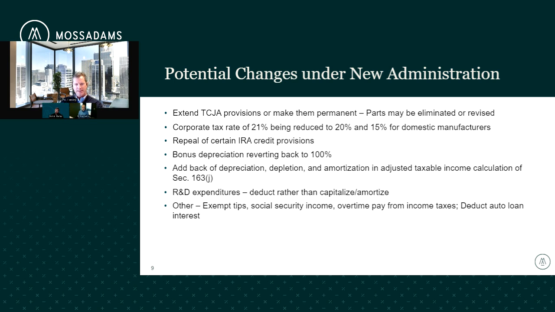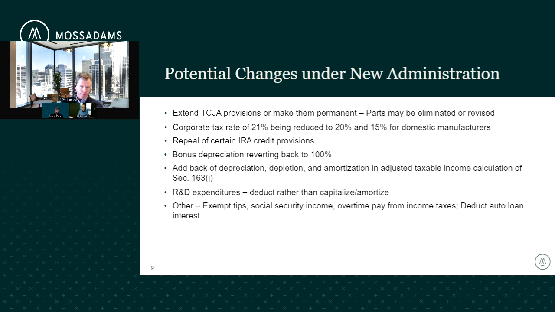Also, they're looking at the add back of DD&A in the adjusted taxable income calculation for the interest limitation under 163(j), and R&D expenses being deducted rather than capitalized. These were the items in the bill I mentioned that passed through the House but got hung up in the Senate.